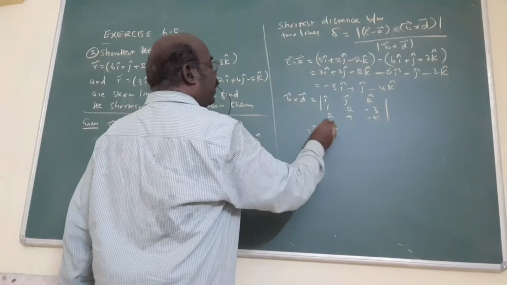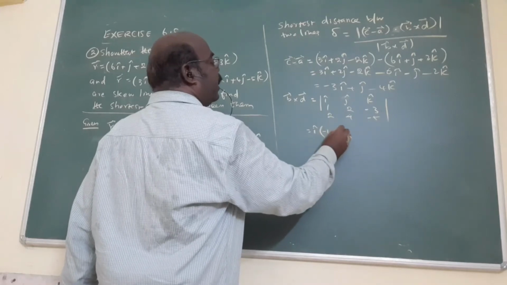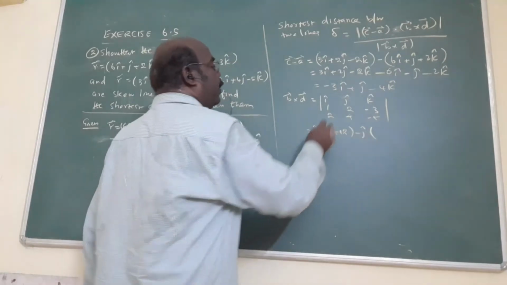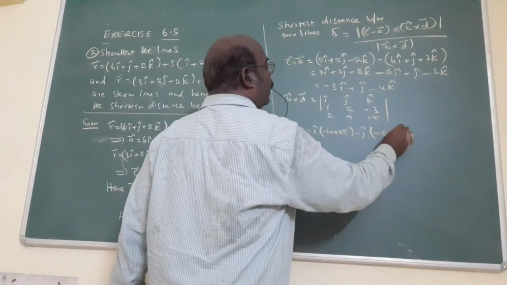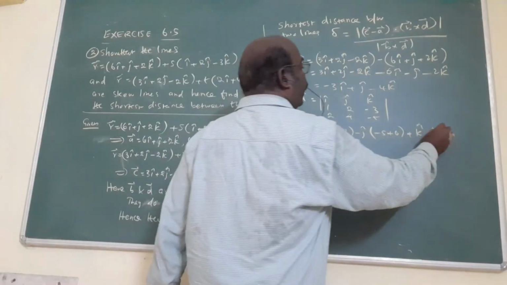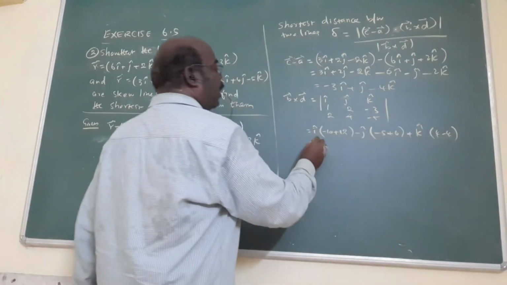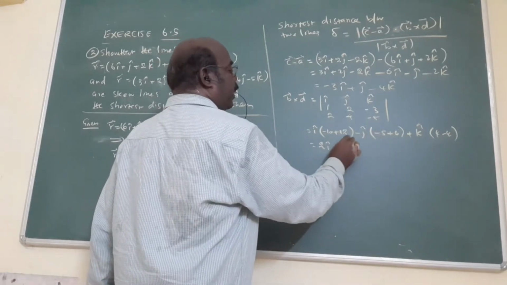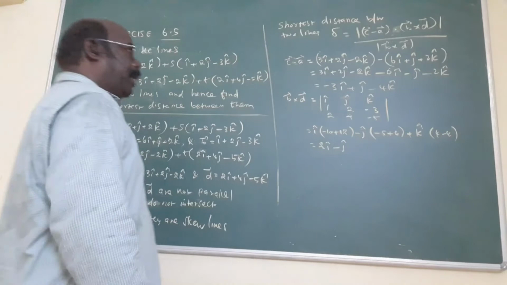Now I cap into minus 10 plus 12, minus J cap into minus 5 plus 6, plus K cap into 4 minus 4. What is the answer? 2I cap minus J cap, plus 0 K cap. Am I right?